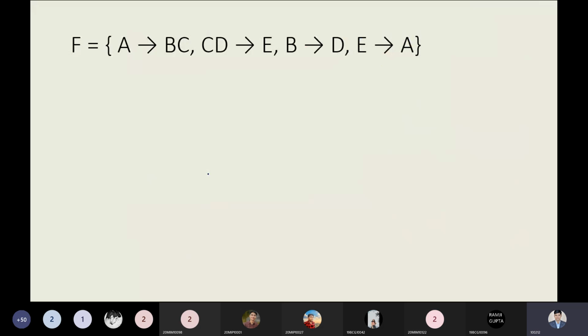So F is given. How many functional dependencies are given in the question? A determinant to BC, C determinant to D, and so on; these are the four functional dependencies given. And you have to compute F plus. This is a big question we have to keep in mind.